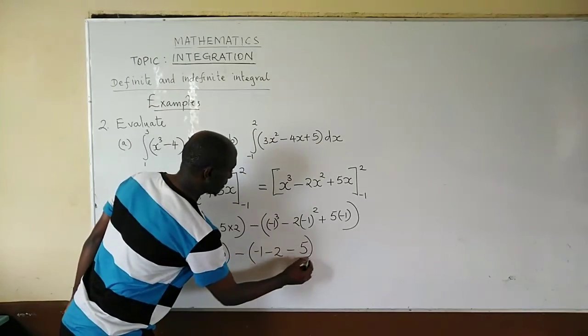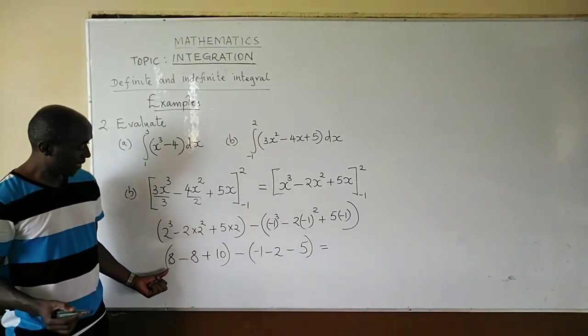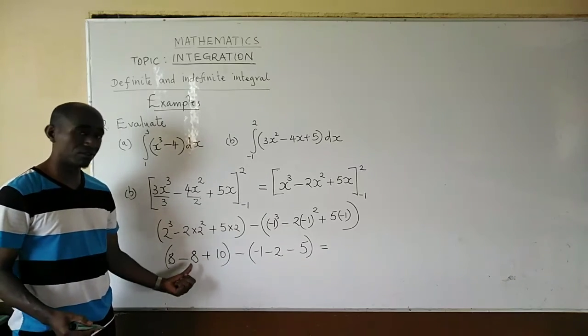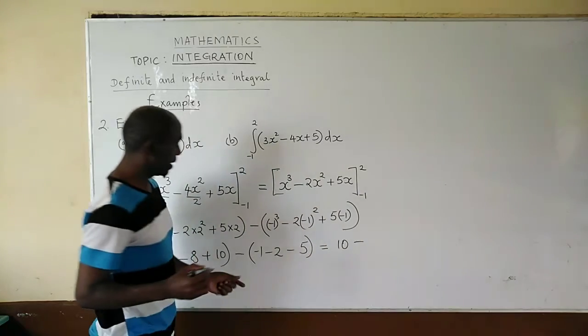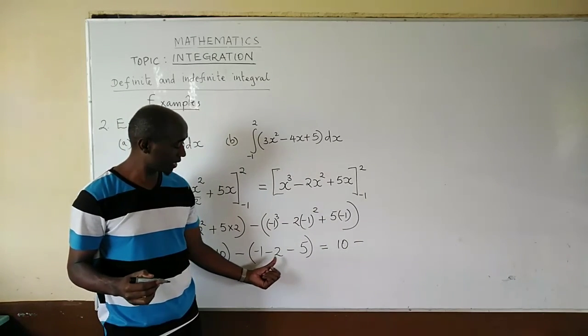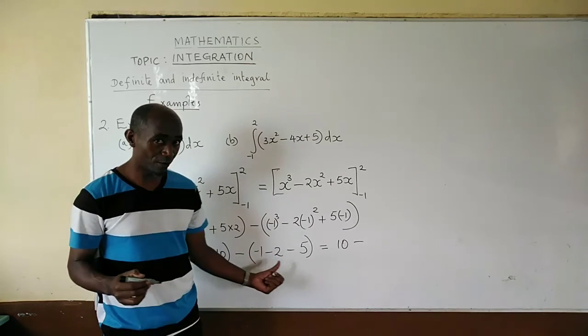Then close the bracket. Equals, in the first bracket we have 8 minus 8 plus 10. 8 minus 8 is 0. 0 plus 10 is 10. Then minus, in the second bracket, we have negative 1 minus 2 minus 5. I hope you remember your integers.